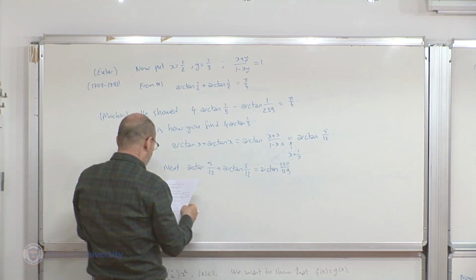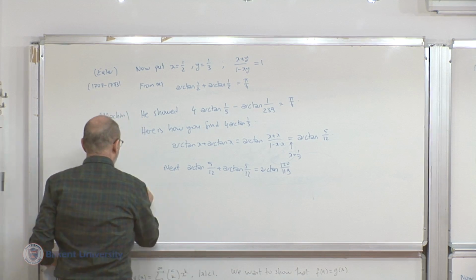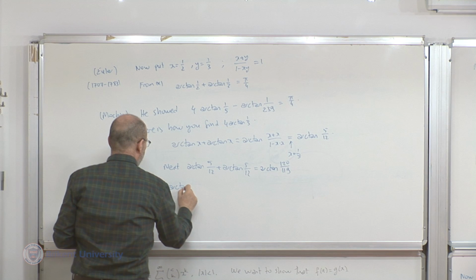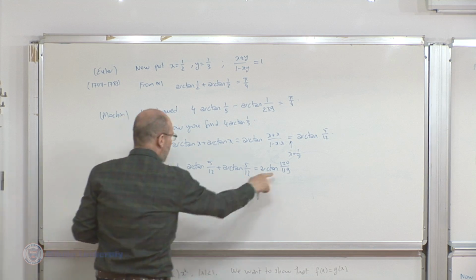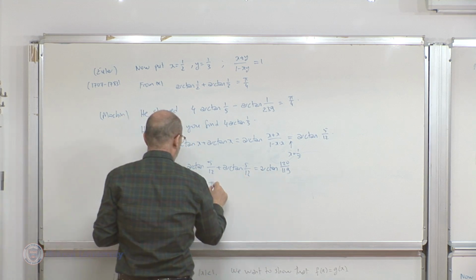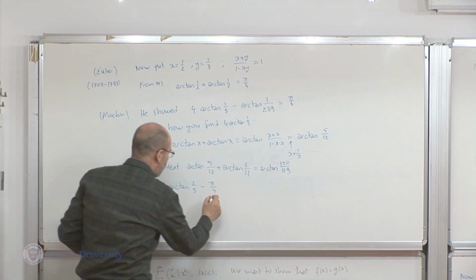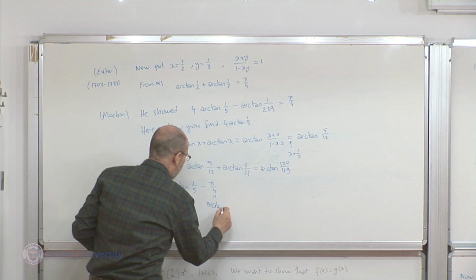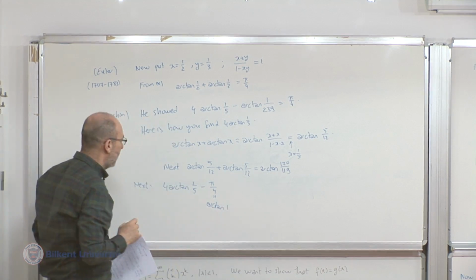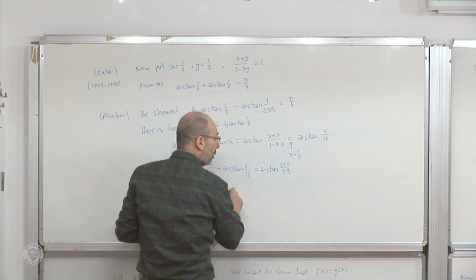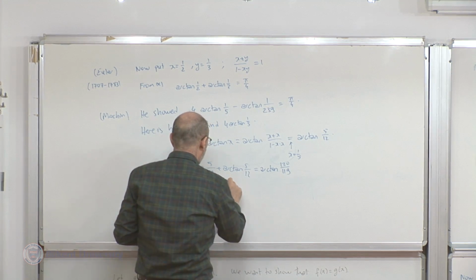So next we have next step by step. This is what we have for 4 arctangent 1 over 5, which is equal to this. I subtract pi over 4 because I know this is arctangent 1, right? Okay, so I again use that formula. Again let me put star here.